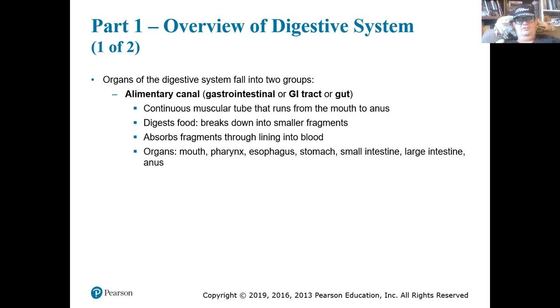There's a diagonal layer. And the large intestine is an exception because the circular layer is almost gone. Well, all the muscle is almost gone, but the circular layer is gone. And the longitudinal layer is reduced to three little bands of muscle called the taeniae coli. Anyway, let's move on.